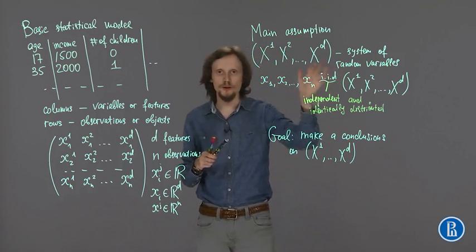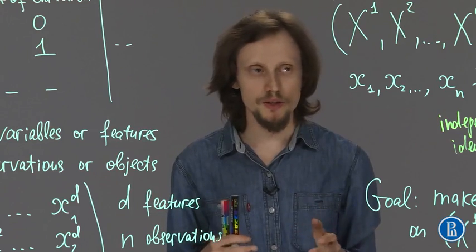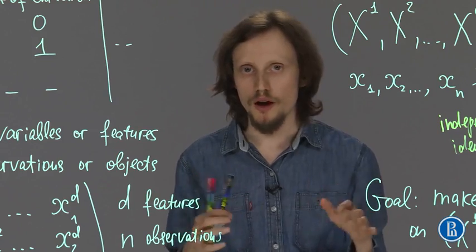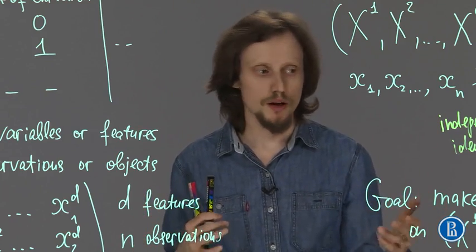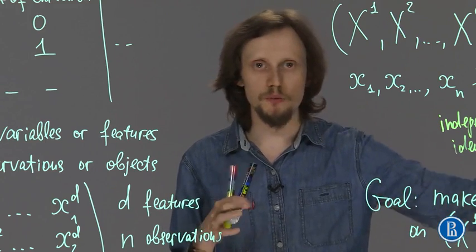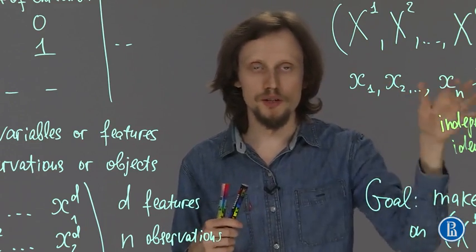This system of random variables is also called a population. It does not mean that we have to study an actual population of some people. It is just a general term that is used to refer to a system of random variables that generated our data, that generated our sample.